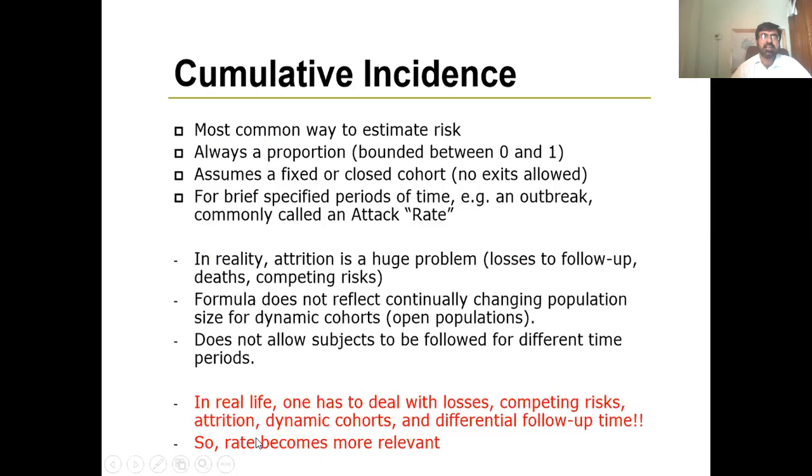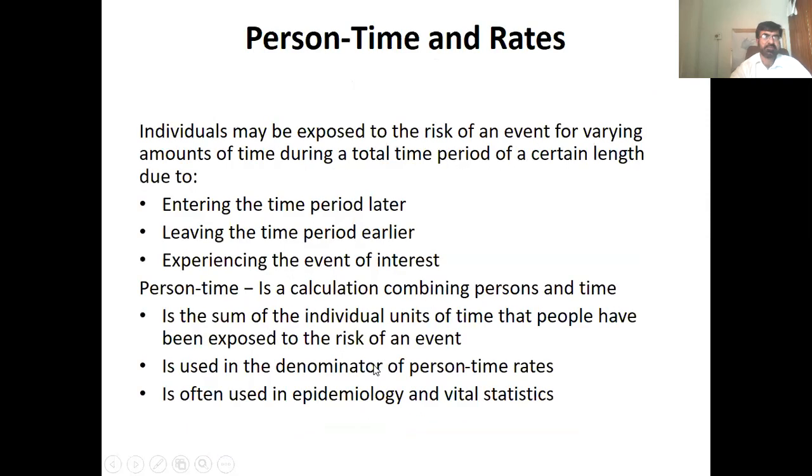The reason is that you have to calculate the individual person time, in years or months, that he or she spent in the study. That makes it easier to add up all the years or months of all the individuals and put it in the denominator.